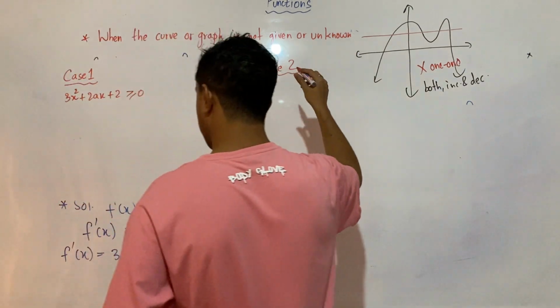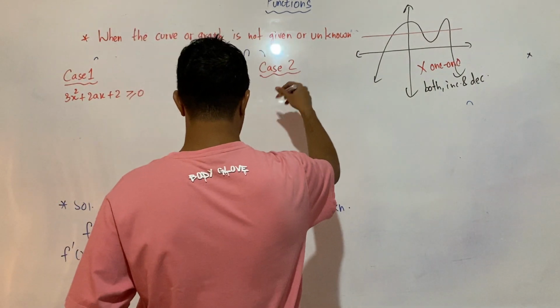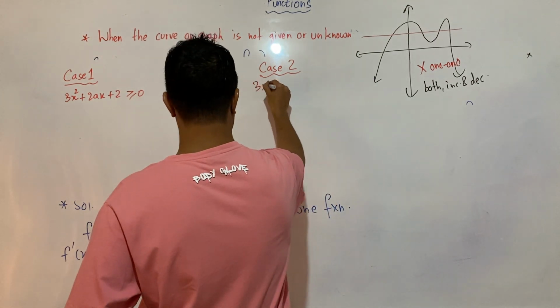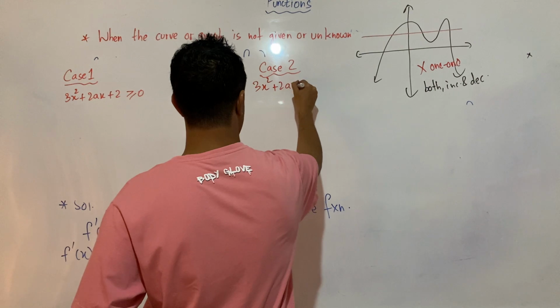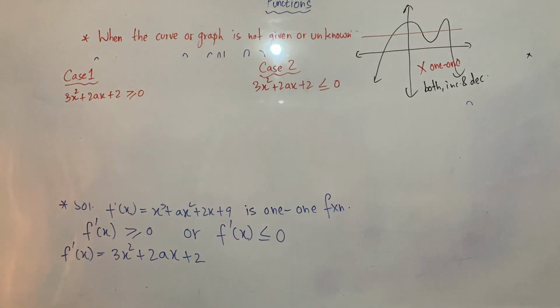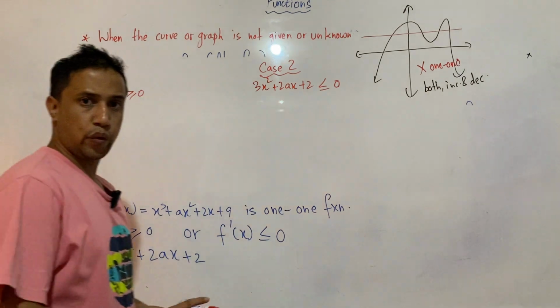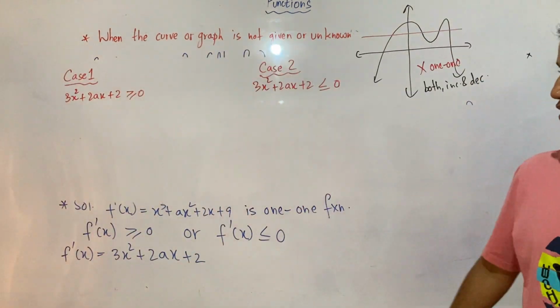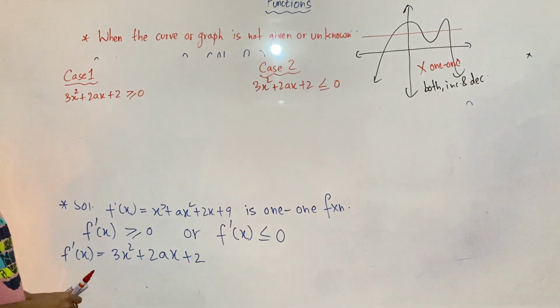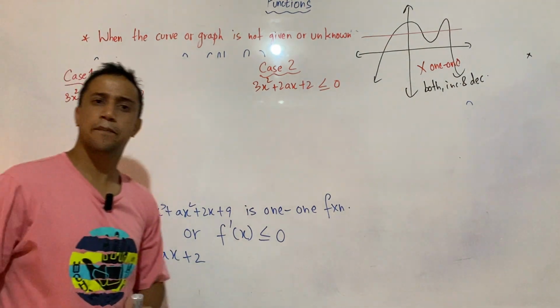And here, 3x^2 + 2ax + 2 is going to be less than or equal to 0. Now, this is a quadratic expression of the form ax^2 + bx + c, and here the leading coefficient is positive.